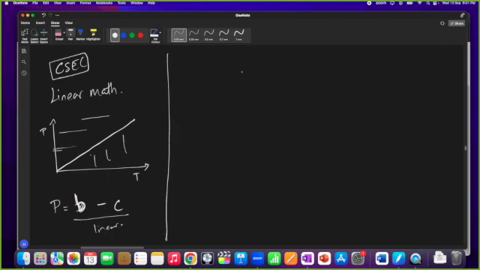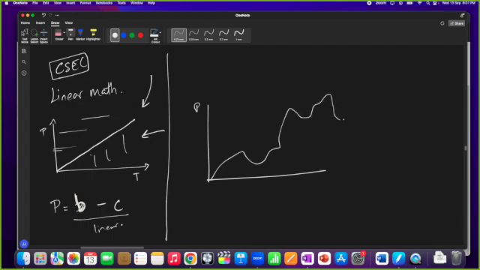The problem is life does not work like this. Life will work like this. And what you'll find is that your profit is going to be changing. Maybe this period you're going to end up dipping.